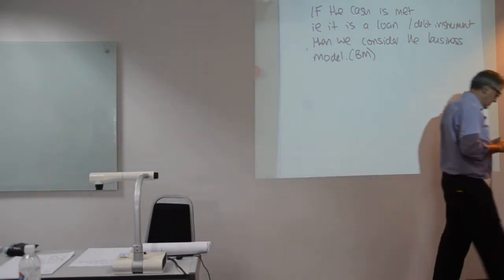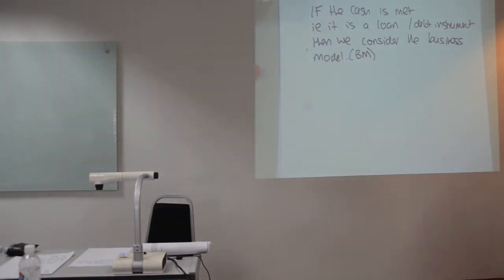Some of you would have heard this story before, but I'm just going to tell it again. If you've heard it before, well, it's revision, isn't it? That's what revision is about. 23 years ago, I borrowed some money from the Yorkshire Building Society to buy a property in the UK.